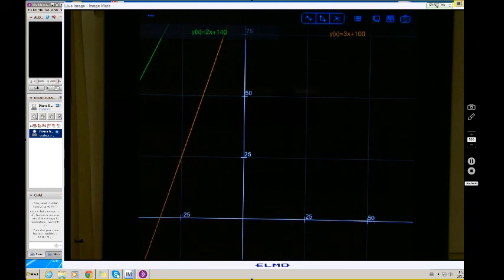Has everybody got the two lines in there? Good.